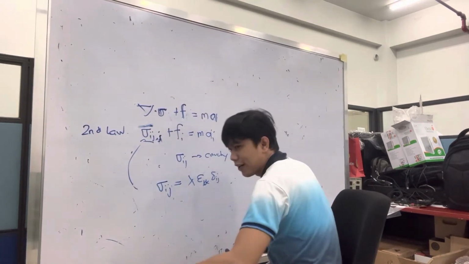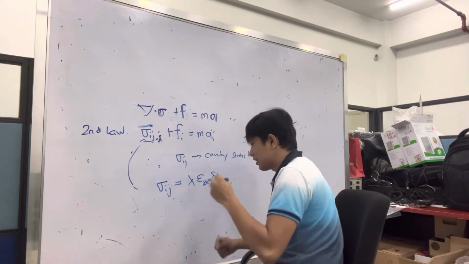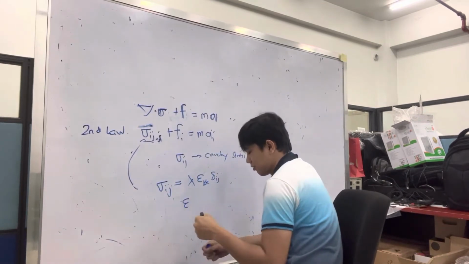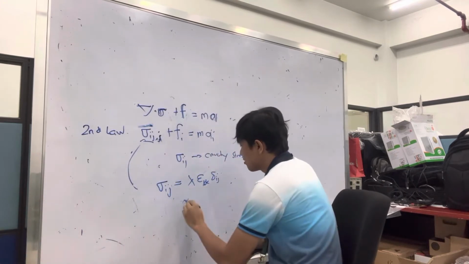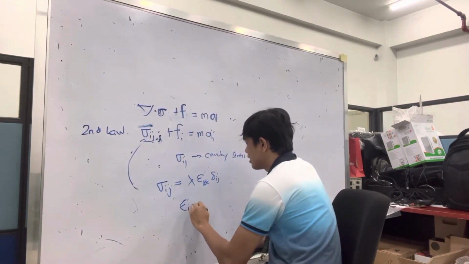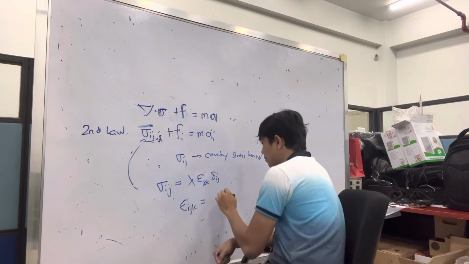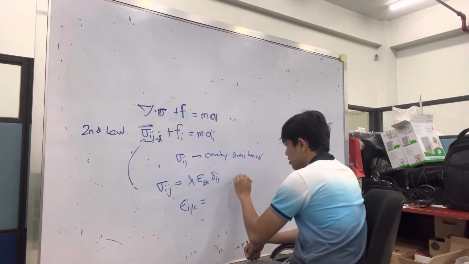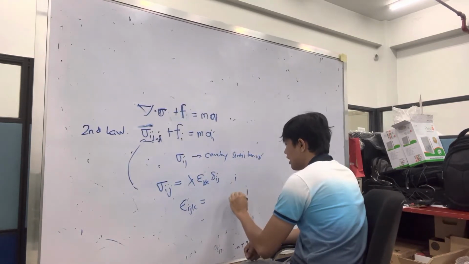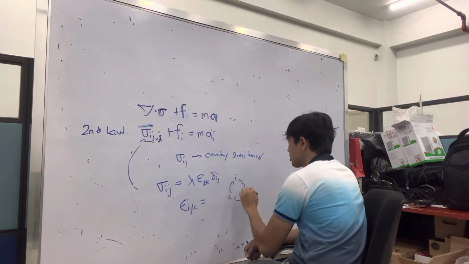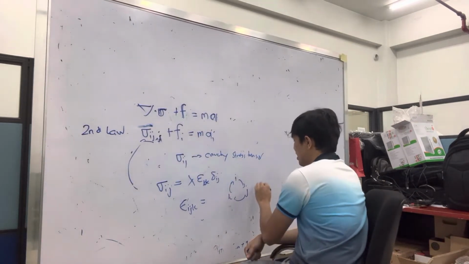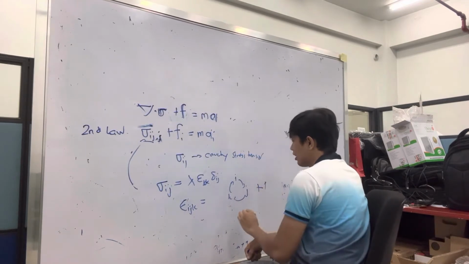Another special na value na kailangan natin i-consider is yung permutation symbol. So, yung permutation symbol ijk, ganito mo siya titignan, i, j, to k, kapag ganito yung rotation niya, positive 1.